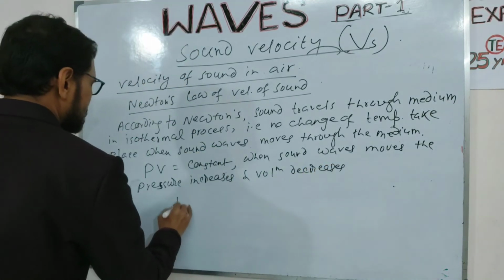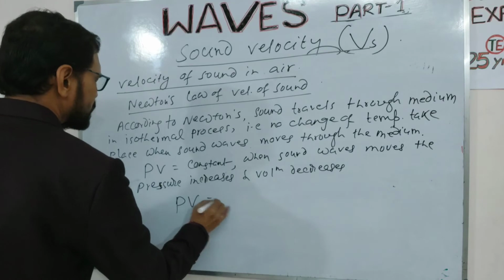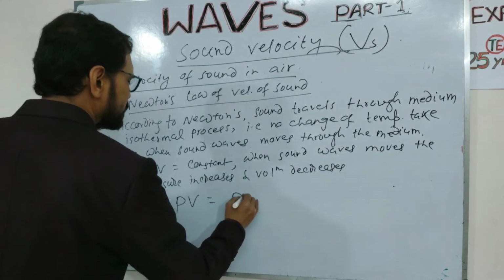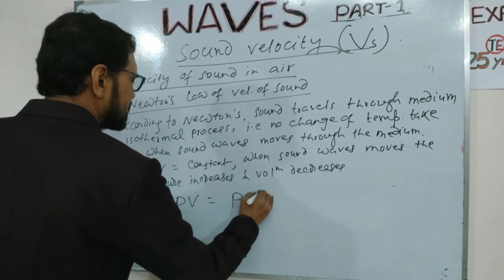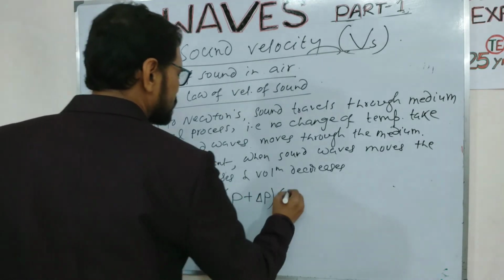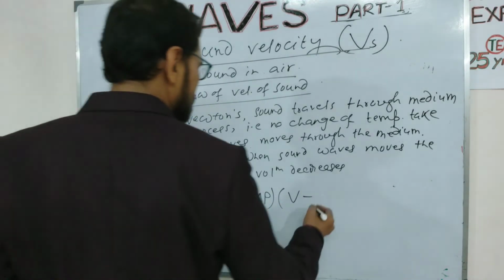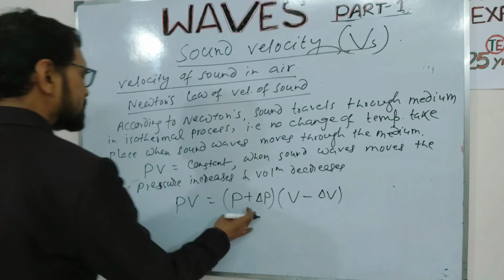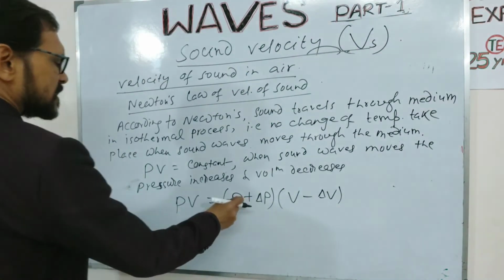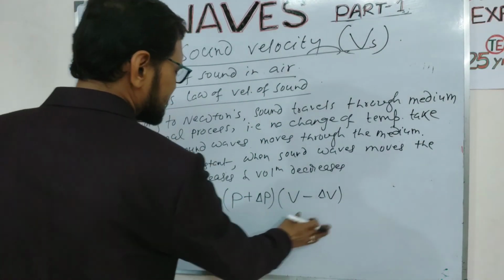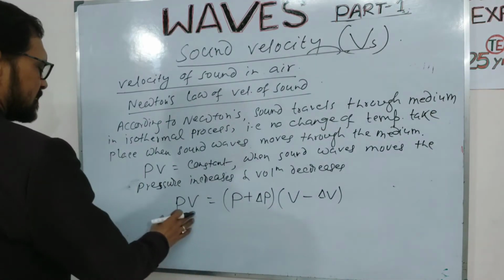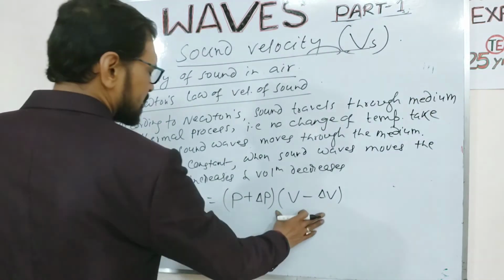Let initial pressure be P and volume V, and final pressure increases to P plus del P. So that's why volume decreases to V minus del V. When pressure increases, volume decreases, and when pressure is low, then volume increases. This is the initial condition, this is the final condition.